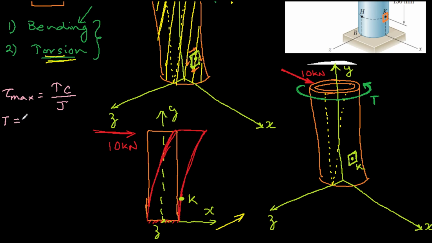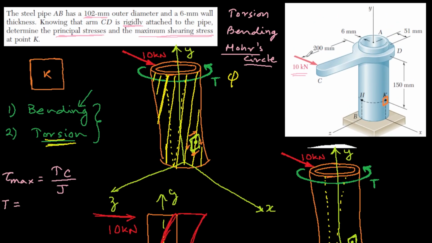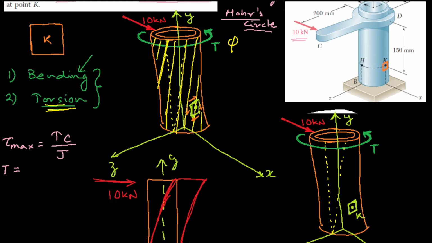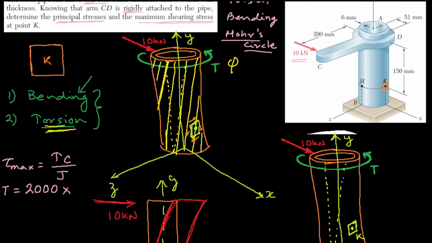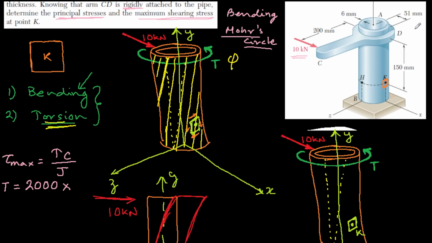Now T is given to be this 10 kilonewton times 0.2 meters. It's given from the center only.